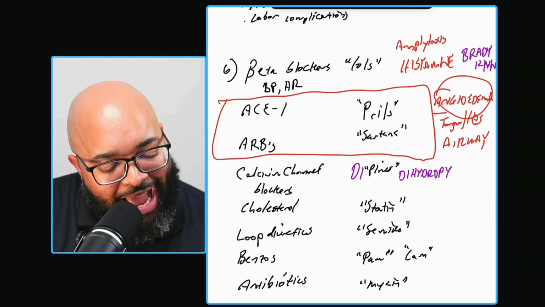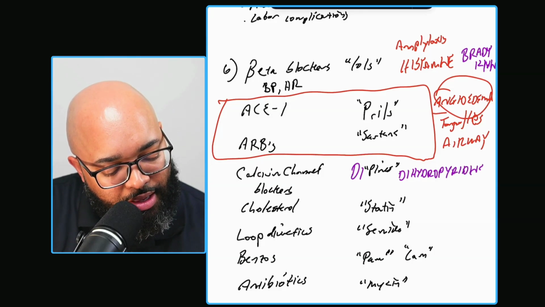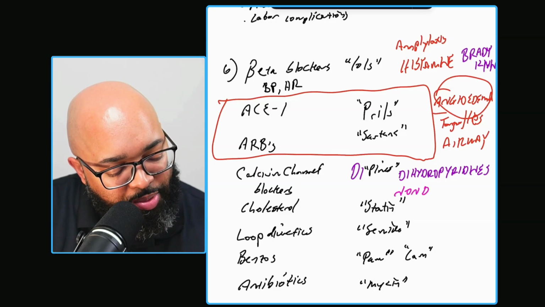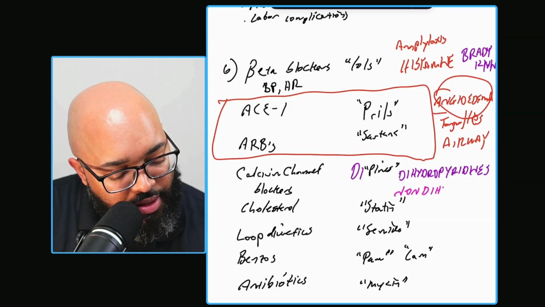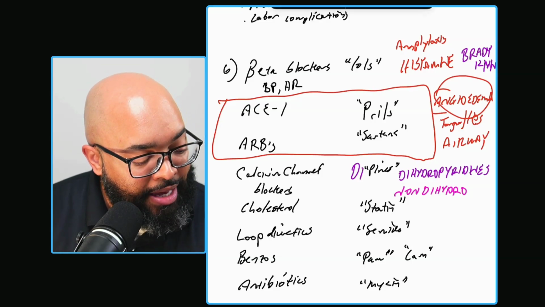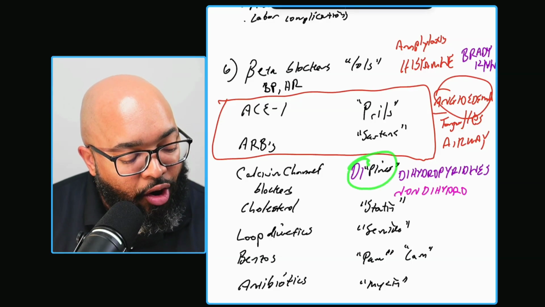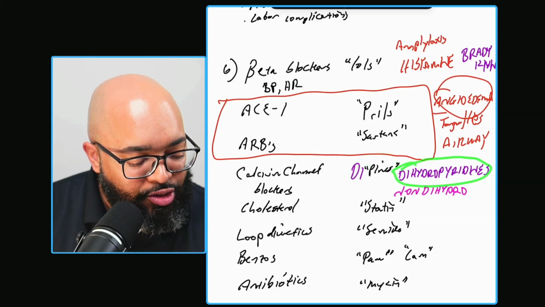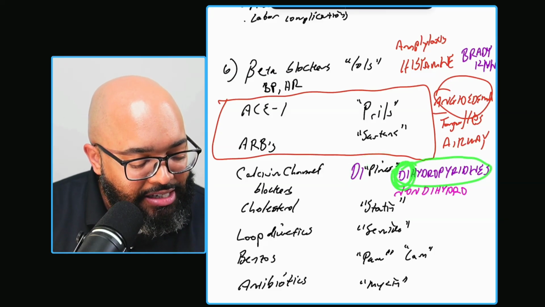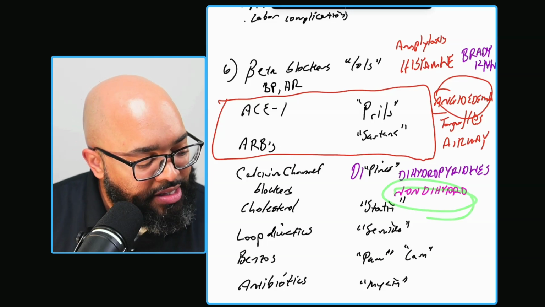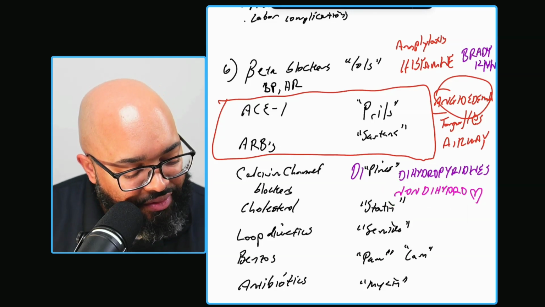We have dihydropyridines and non-dihydropyridines. The dipines, like nifedipine, nicardipine, amlodipine, are the dihydropyridines that dilate blood vessels. And your non-dihydropyridines work on the heart muscle itself.